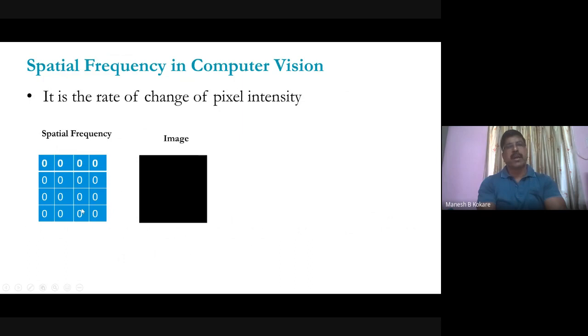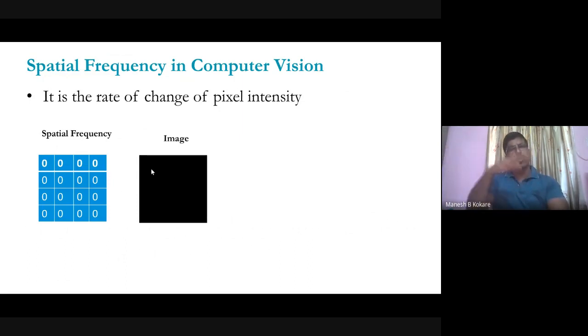Now all pixels have intensity equal to 0. So what is the rate of change of pixel intensity? If I display this image on a computer screen, it will be just a black image, because 0 is considered black and 255 is considered white.